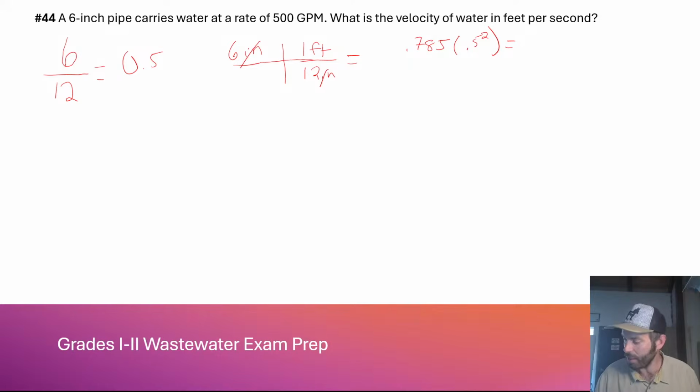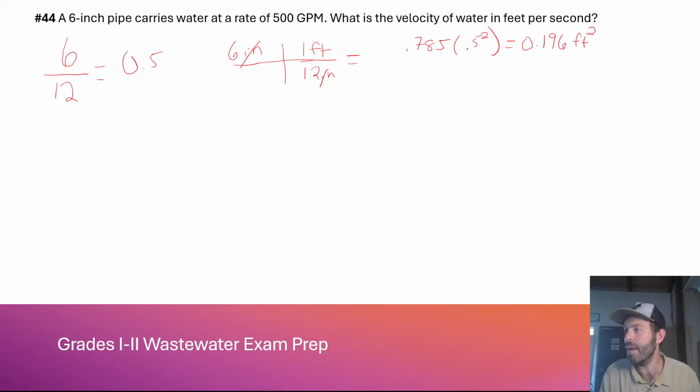I'm going to have my calculator with me just in case I make a mistake. 0.5 times 0.5 times 0.785, 0.196 square feet. Okay, so I've got my square feet.